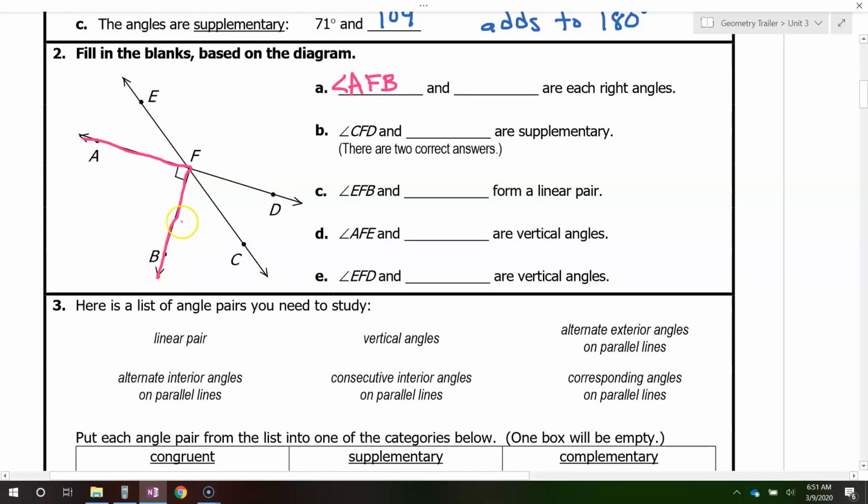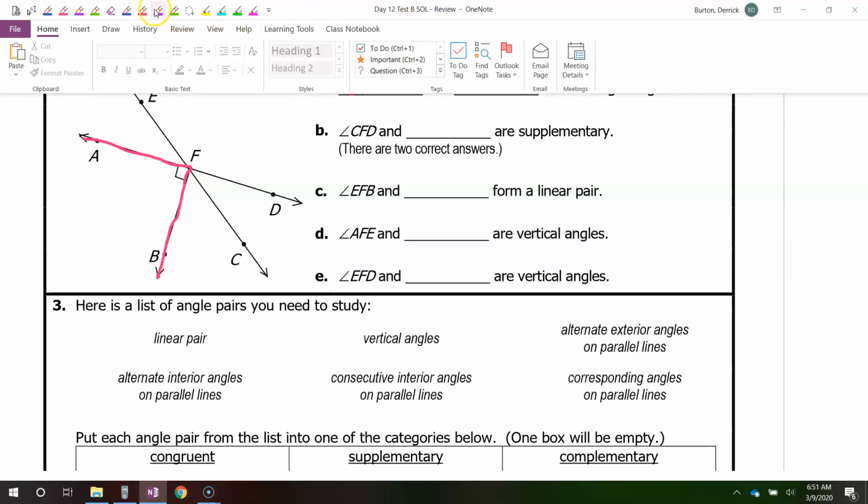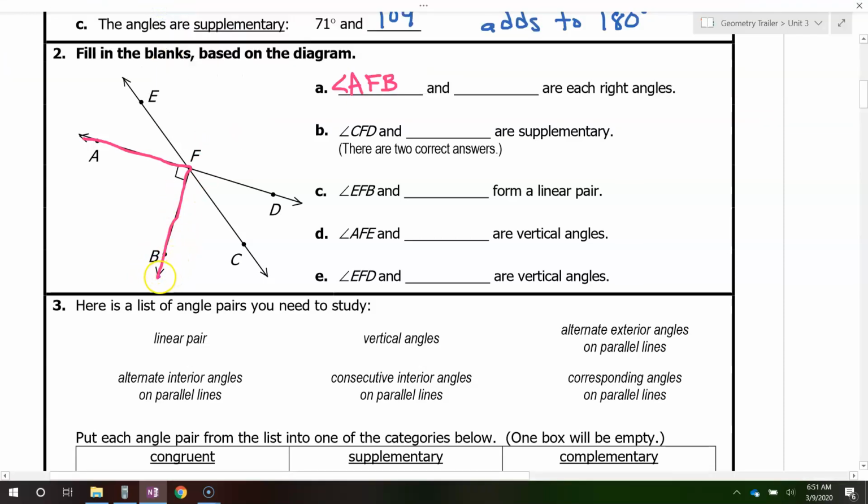I could have said angle BFA if I wanted to. But that automatically means that the adjacent angle, BFD, is also a 90-degree angle. So angle BFD is also 90 degrees because if it's perpendicular, it's perpendicular.